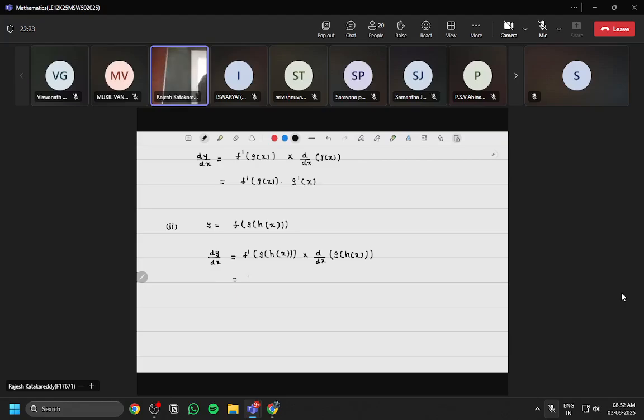Next it becomes, right. So finally it is f dash of g of h of x.